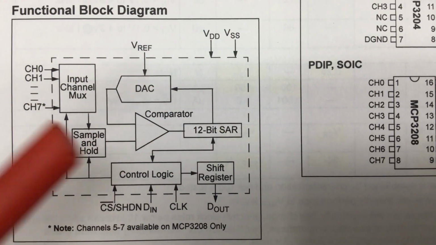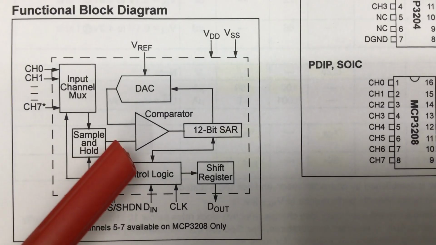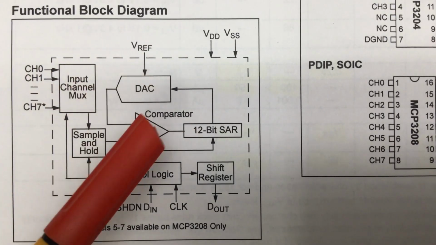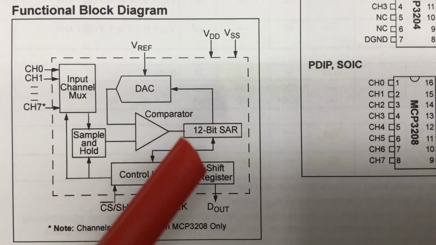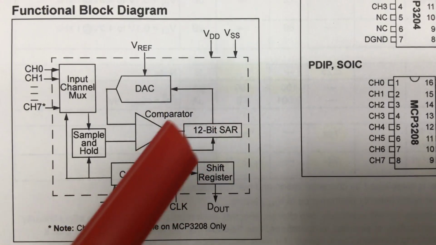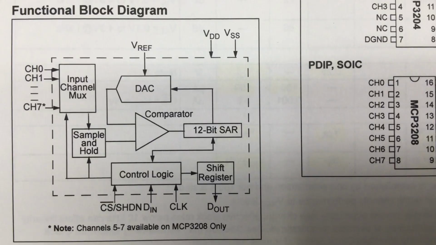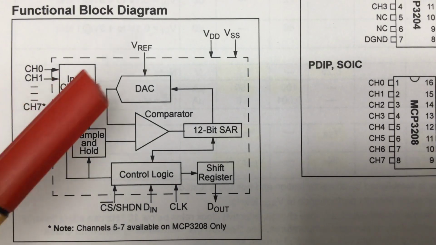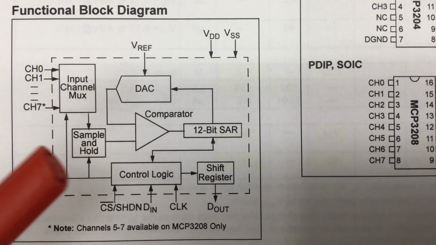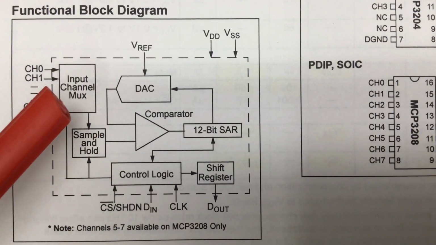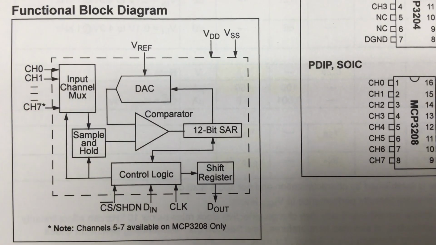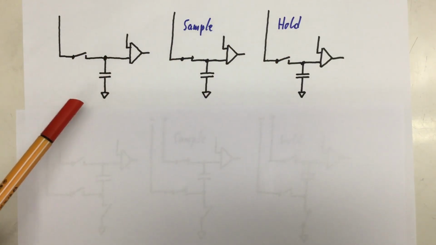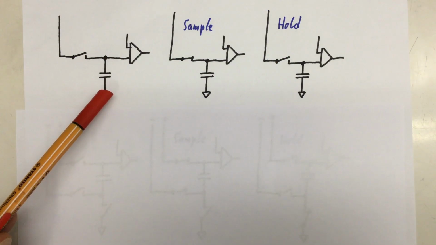Just as a reminder, pseudo-differential normally means that you convert two channels into a digital value and then you subtract the digital numbers from each other. Anyway, all that makes me believe that the magic is happening here in the sample and hold circuitry, respectively in the input channel mux. Let's first have a look at a typical sample and hold circuit around a capacitor.